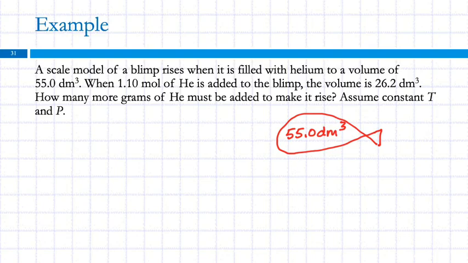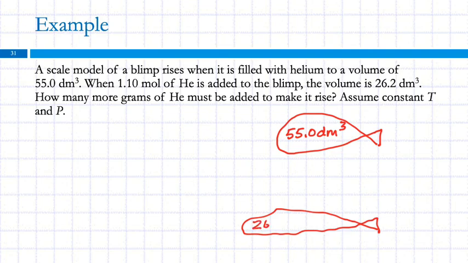It's okay. So that's floating. It says when 1.1 mole of helium is added to the blimp, the volume is 26.2. This is 55. If the volume is 26.2, is it going to be floating? No. It's going to be laying on the floor, kind of all squishy, right?